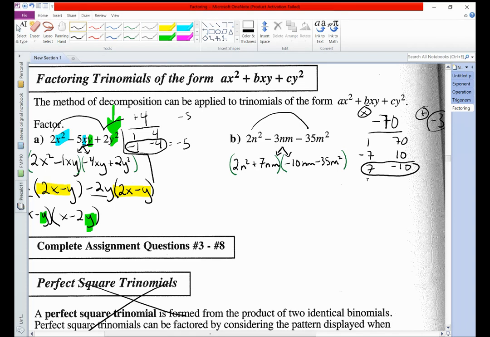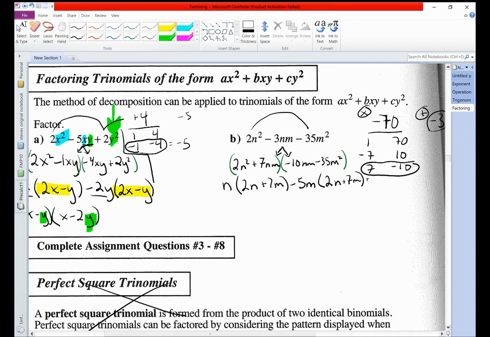So in the first one, I can't factor out any constant, but I can factor out an n, and I'm left with 2n plus 7m. And in the second one, I'm going to factor out a negative 5m by the looks of it. And what I'm left with is 2n, negative 35 divided by negative 5 is positive 7, and we have an m there still.